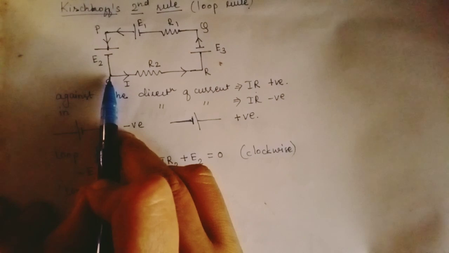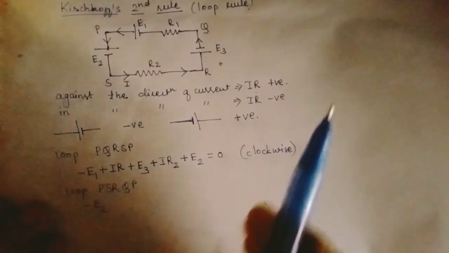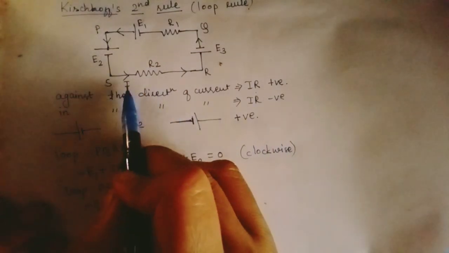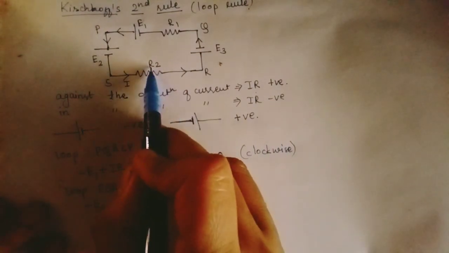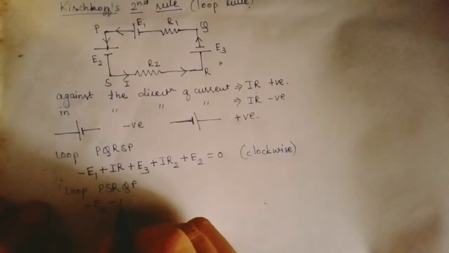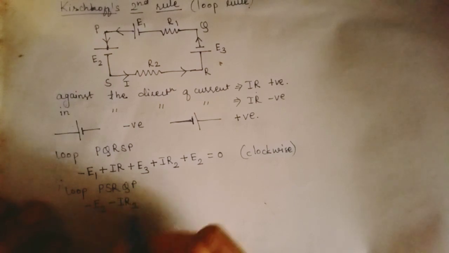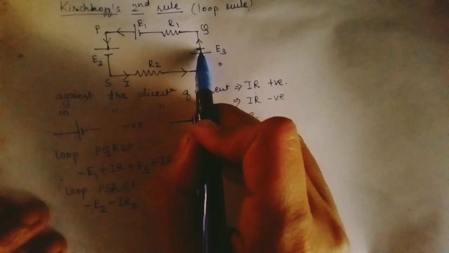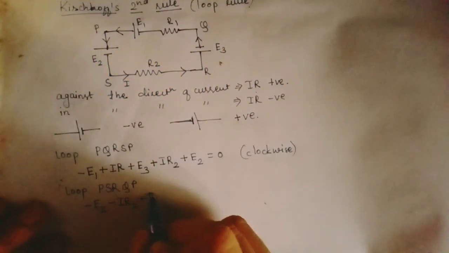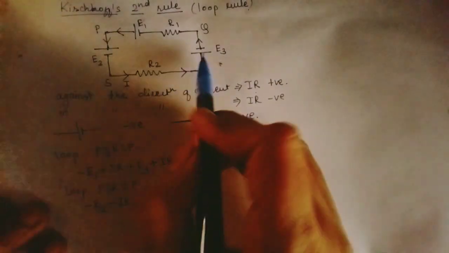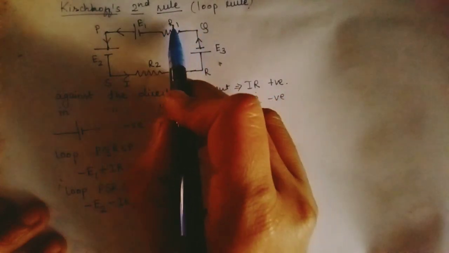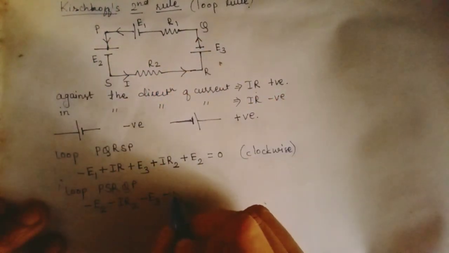Now we are moving in the direction of the current, so IR is negative, so you take IR2 negative. Moving forward, E3 positive to negative, it ends on negative, so negative E3. Then in the direction of the current, the product IR1 is negative.